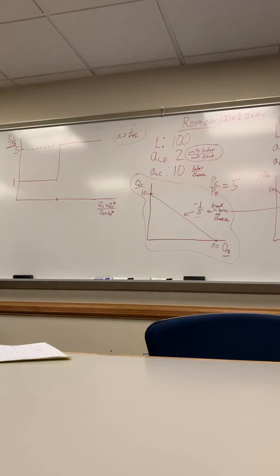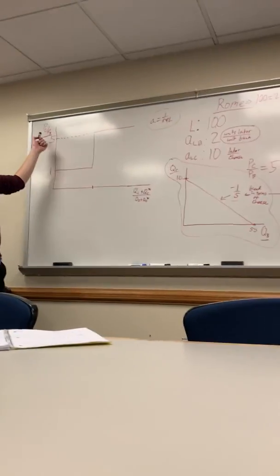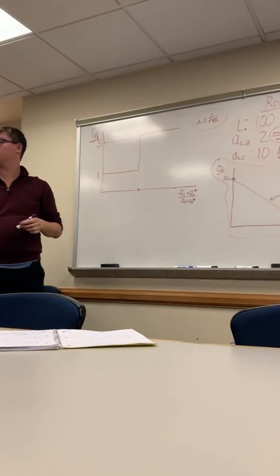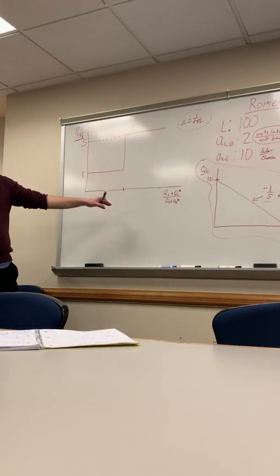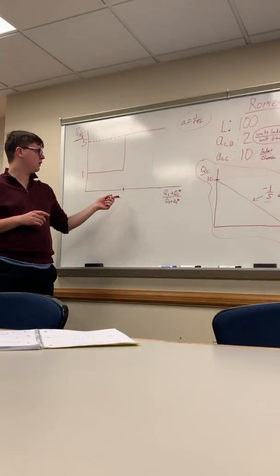You have to maintain the same PC over PB that you have over here. Good, so we've got 5, we've got 1, and then what do we have?